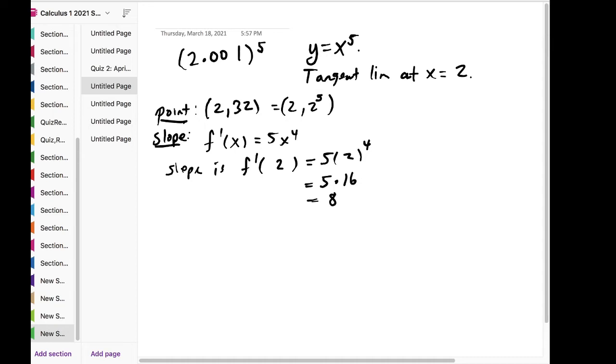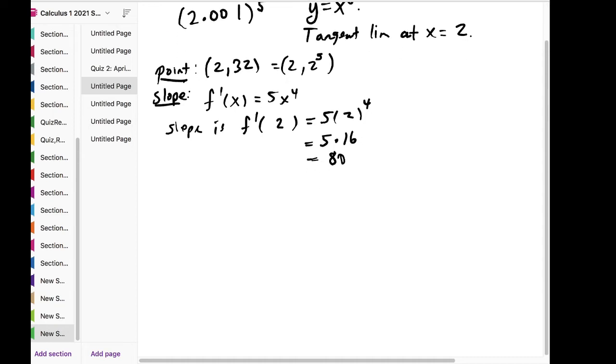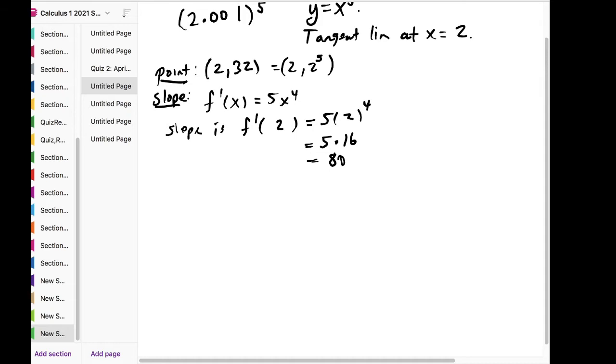Okay, so what is our linearization? So it's going to be 32, which is the y value, plus the slope, times x minus the x value.